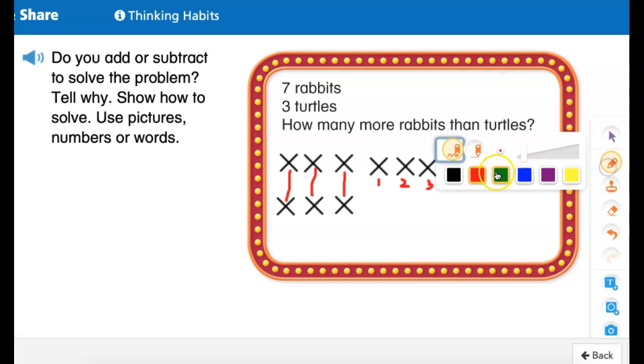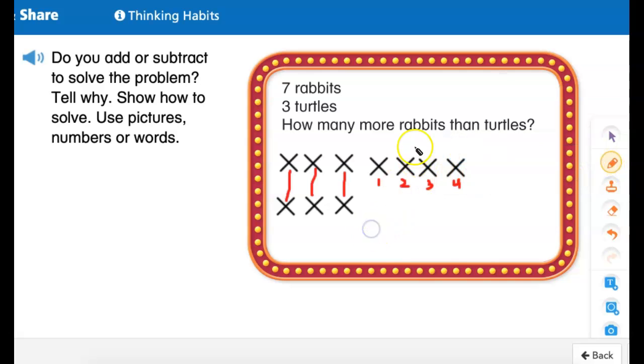So if I'm trying to find out how many more rabbits than turtles there are, well, if I know I have 3 turtles plus my blank missing addend, but I know there are 7 rabbits, well, if 3 of those 7 are turtles, then I need to figure out 3 plus what gave me 7.